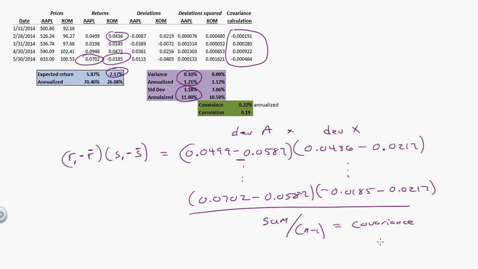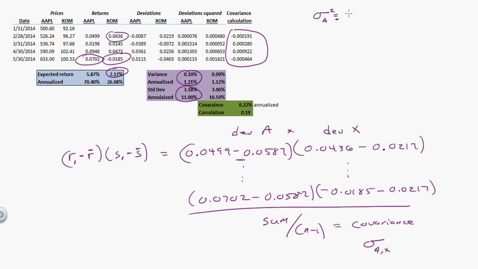So the way I would write this, I would say sigma subscript A for Apple, comma X for ExxonMobil. So that's the covariance, and I would say the standard deviation of Apple, sigma, well, let me do the variance of Apple. So I'm going to do the 3 lines because that's by definition.